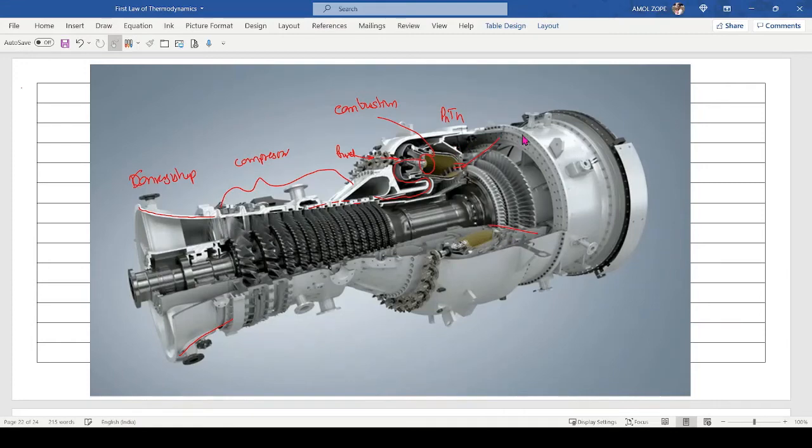This section is a diverging section. So here this is a turbine. After this diverging section, at the exit, it can be a converging diverging section, or only a converging section, or a diverging section. Any of the combinations, either this or this or this. So here it is a nozzle.